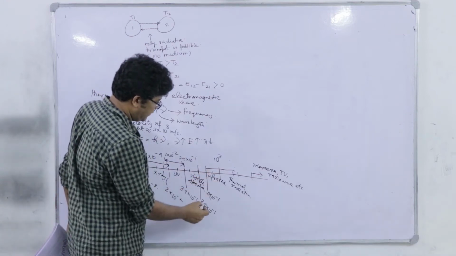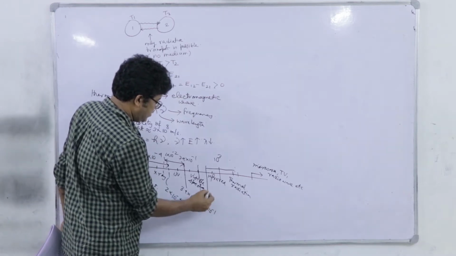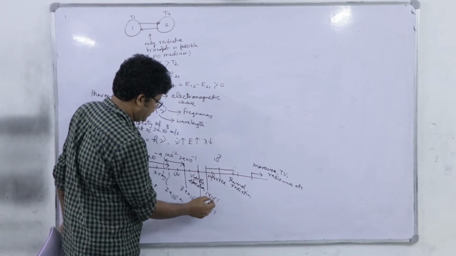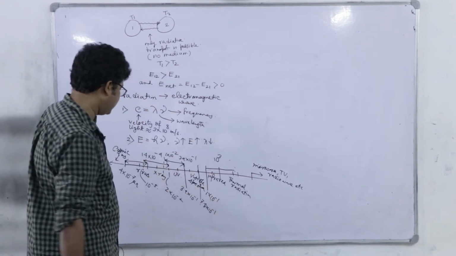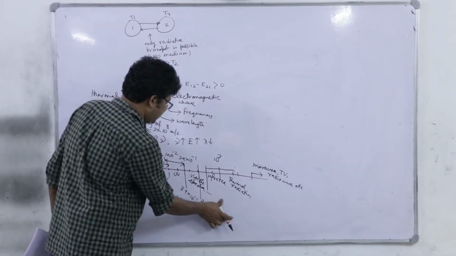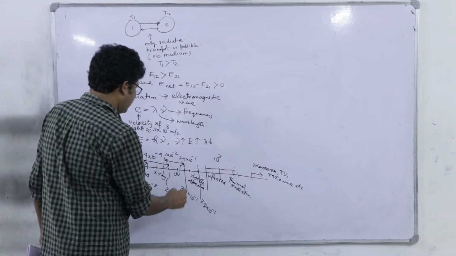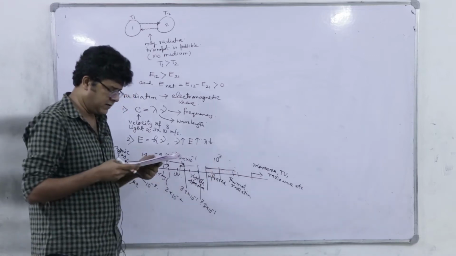This is infrared is 7.8 and this is 1 into 10 to the power minus 1. So, 1 into 10 to the power minus 1 will be somewhere on this side. So, this is the entire range of thermal radiation.